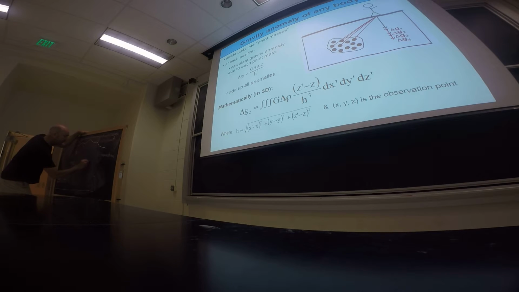So then I can basically do three for loops, right? I can do for i equals 1 to n, j equals 1 to m, k equals 1 to n, and then I can simply multiply, delta g z equals some kind of sum, right? So I basically just add these things up for summation, right?